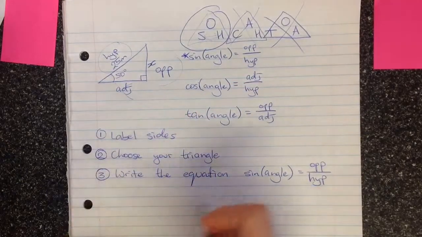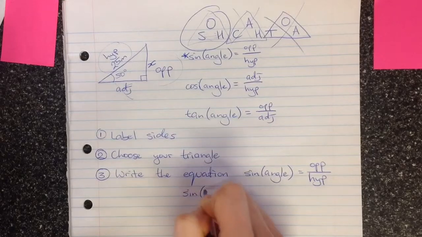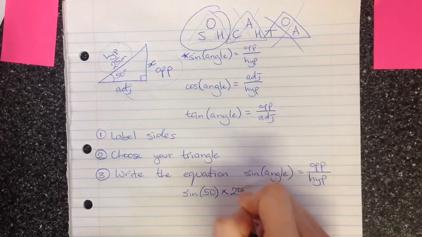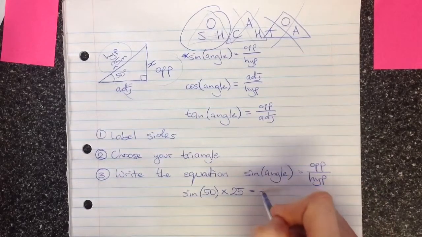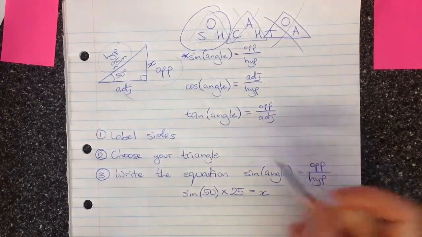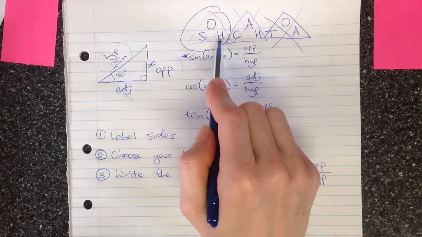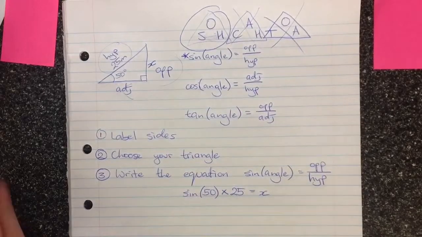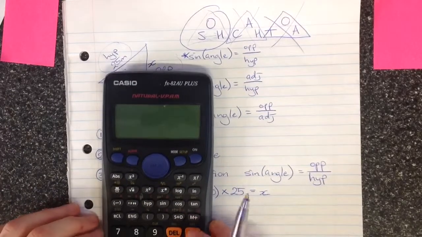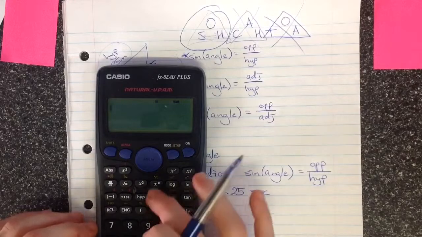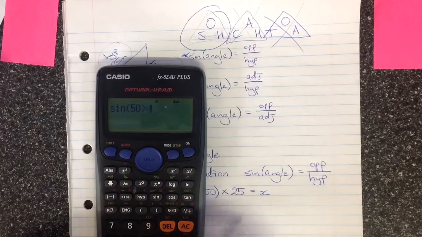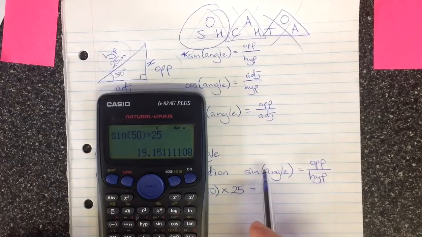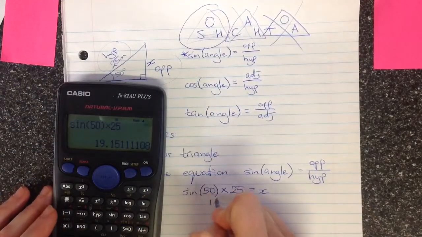So sine of 50 degrees times 25 meters is going to give us our opposite. The two bottom numbers on the triangle we multiply together to get the top one. So I type it into my calculator, sine of 50 times 25 equals 19.15. X equals 19.15.